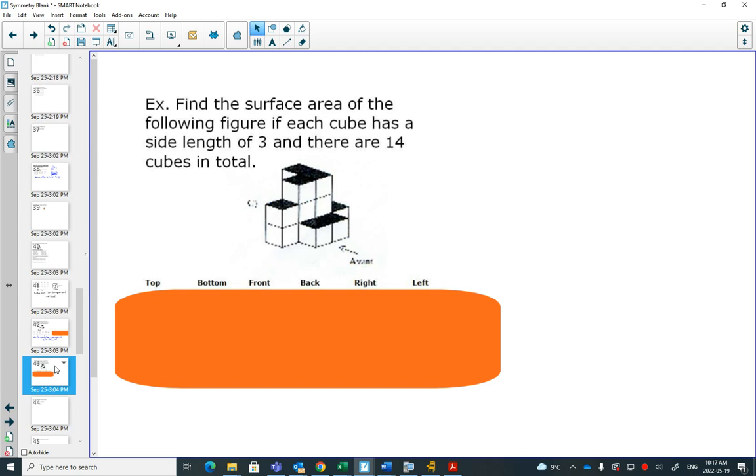Kale, do you want blocks? Decision making. Yes? No?